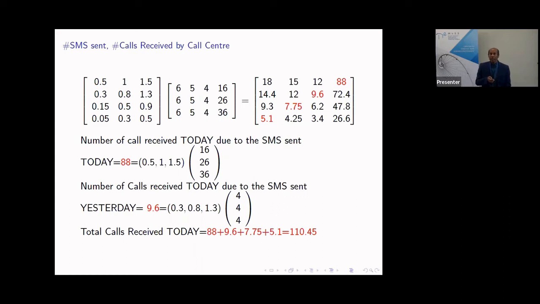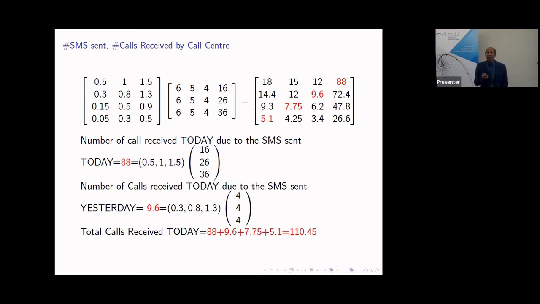And then 9.6 is there because a day earlier I sent 4 SMS to the various groups, just for explanation. So 9.6 calls will come to me because of my action one day earlier. Similarly, 3 days before I sent SMS, and those people are calling today because of my action 3 days ago.